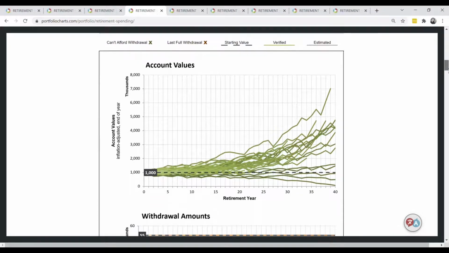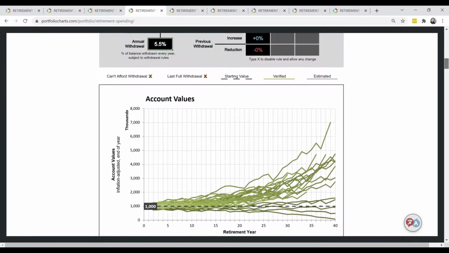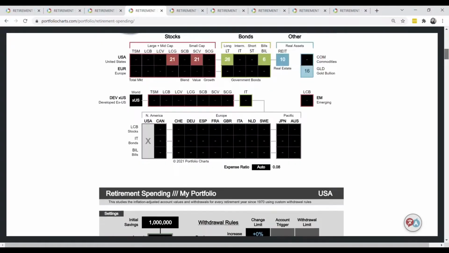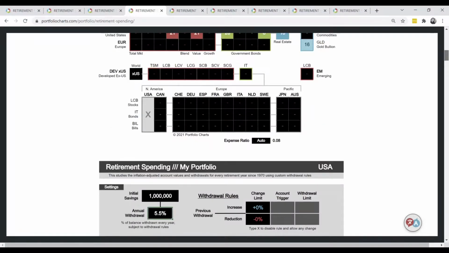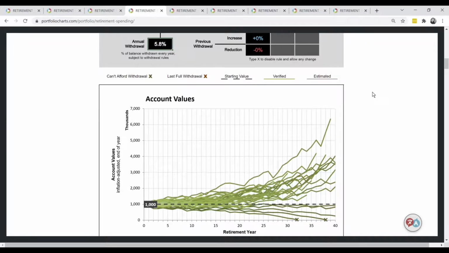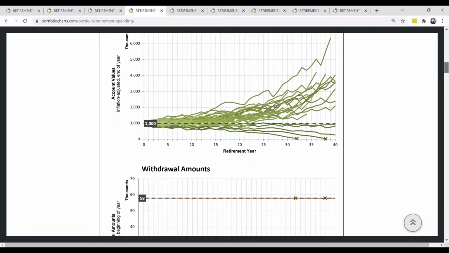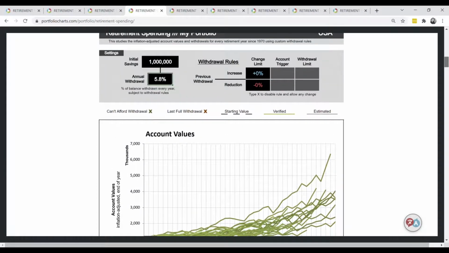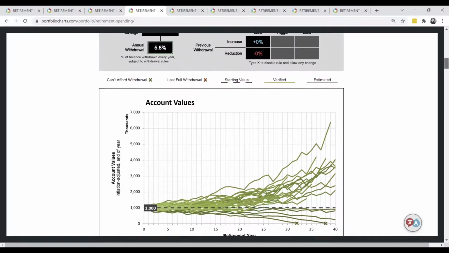You can see it makes it on a 40-year time frame to even 5%. This is the golden ratio portfolio. But then when you get to, I think, about 5.9, let's see if we do 5.8 and what it looks like. Yeah, it starts failing around 5.8% or 58,000 on 1 million over a long period of time.